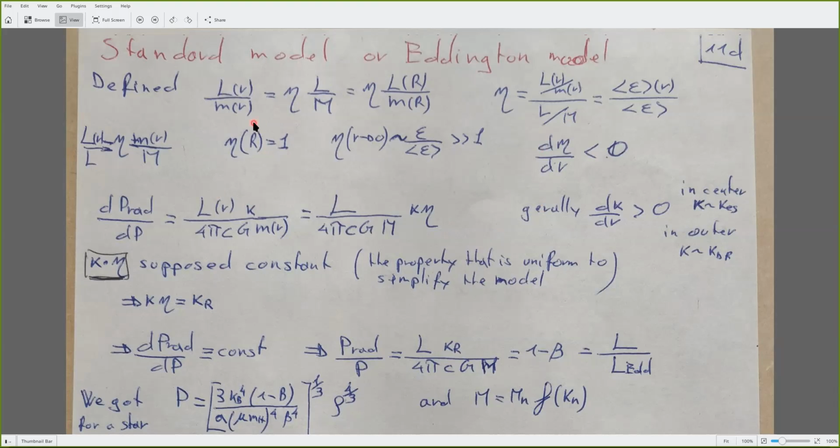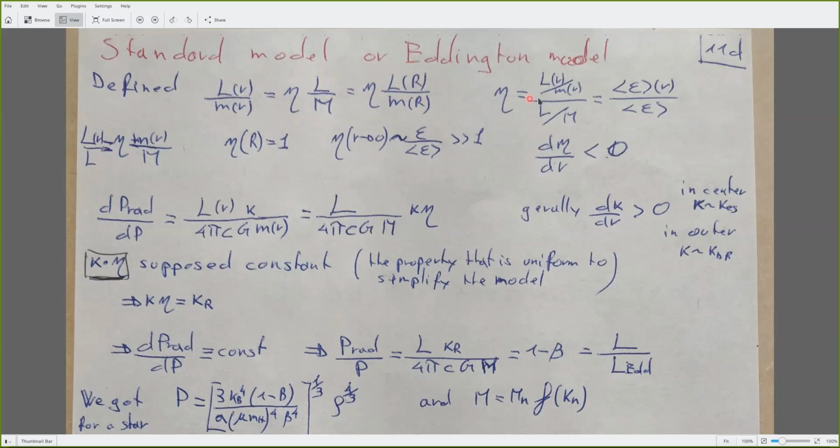We define the ratio between the luminosity and the mass at a certain radius as a function eta multiplied by the ratio between the total luminosity and the total mass, the luminosity at the surface and the mass at the surface.